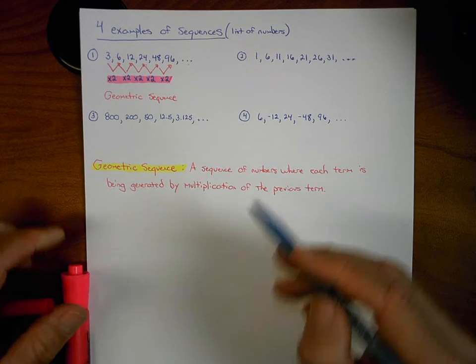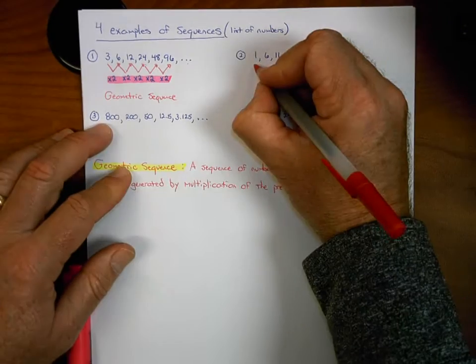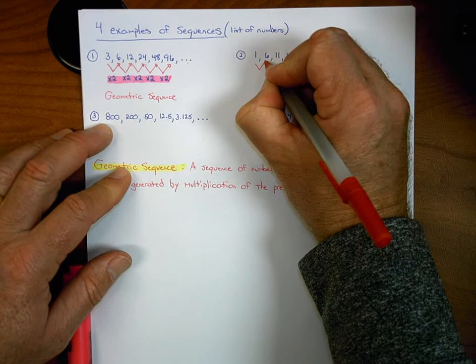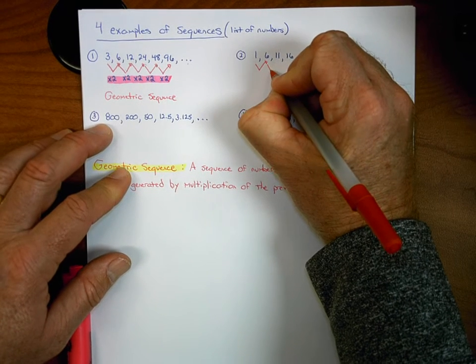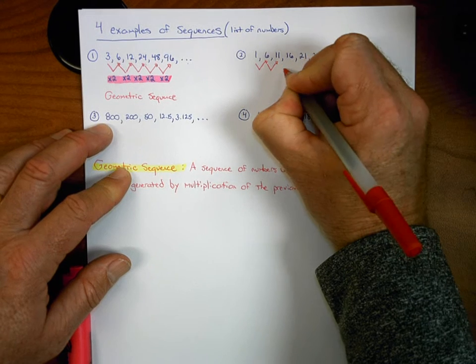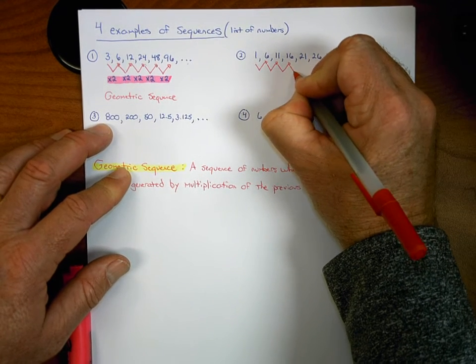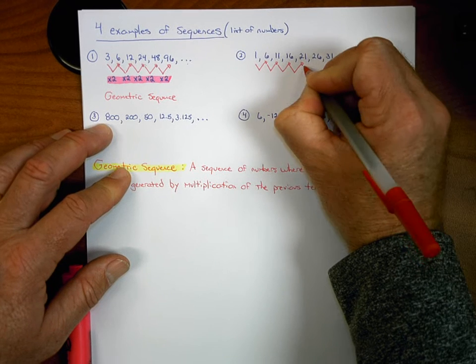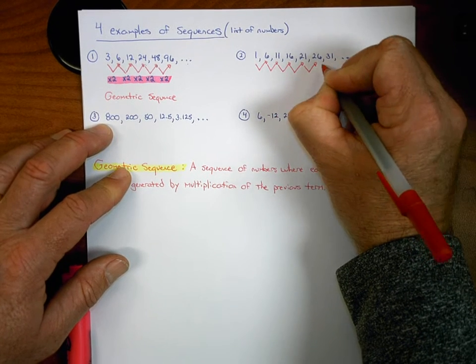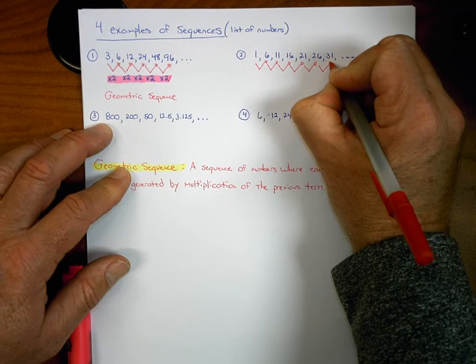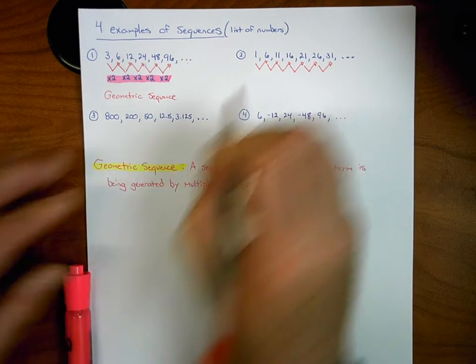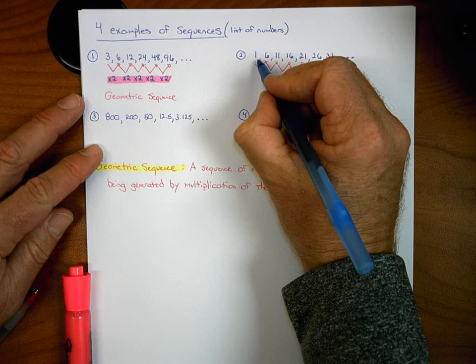Okay, in number 2, you can see I started at 1, I went up to 6, then 6 became 11, 11 became 16, 16 became 21, and so on. You can see this is a sequence because there is a pattern being developed, but what's the pattern?